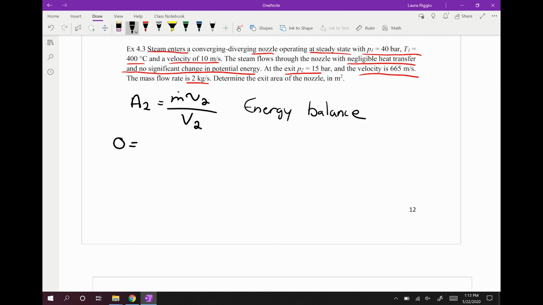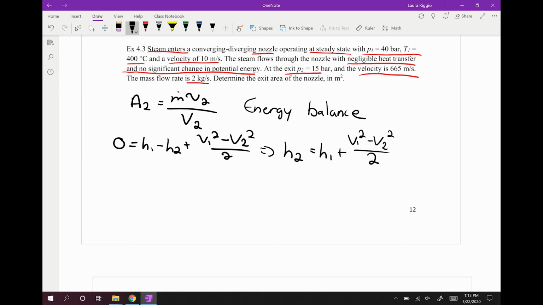We have 0 is equal to H1 minus H2 plus (V1 squared minus V2 squared) over 2. I want to solve this for H2 and get H2 is equal to H1 plus (V1 squared minus V2 squared) over 2.